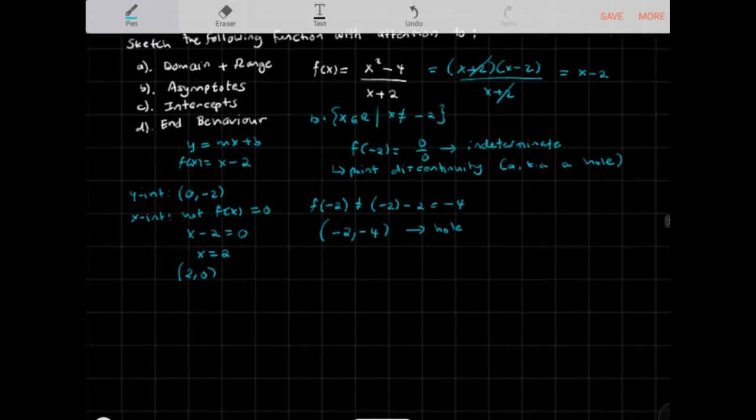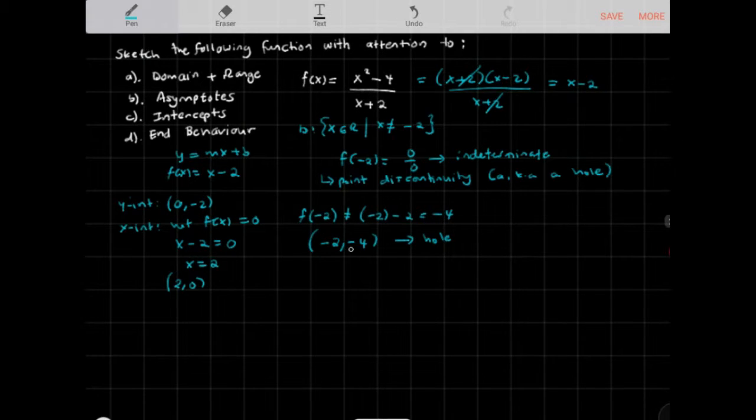And I'll show you what the hole looks like. If the negative 4 doesn't exist, then the range of this function is y belongs to all real numbers, but y shouldn't be equal to negative 4, because there will be a hole in the function.